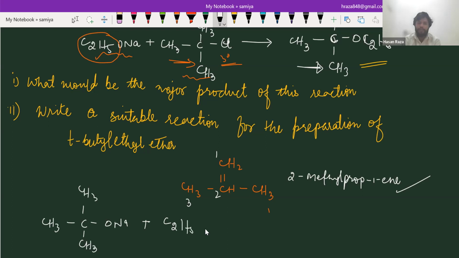We just change the position of the halide and alkoxide part, and write negative and positive, and this part will be connected with this. So it will be CH3, C, O, CH3, CH3 and then C2H5. Got it?